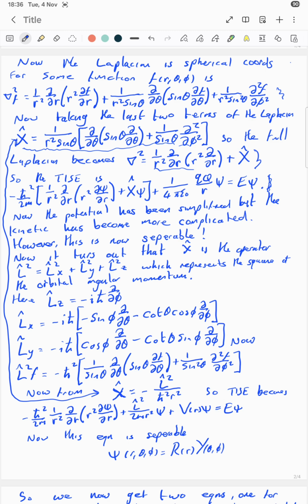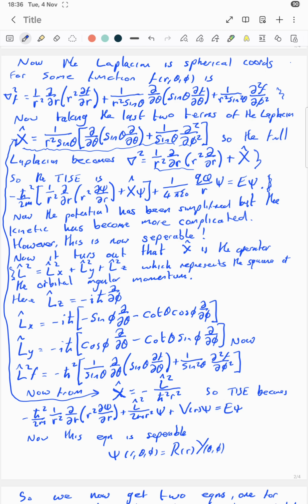But now it turns out that this is the operator L hat squared, which I think we have come across before, probably in the previous quantum mechanics video with angular momentum.